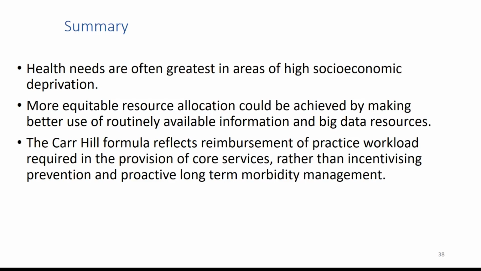But this is based on work that I think is outdated, and we need to think about ways in which we can change the allocation formula to reflect the world we live in today. The Carr-Hill formula also really focuses on long-term disease management. Really, we need to shift to thinking about incentivizing prevention.